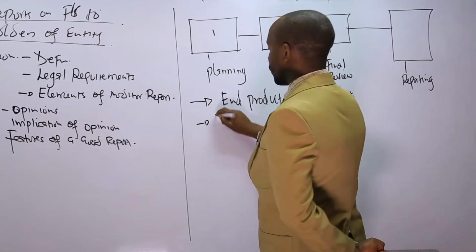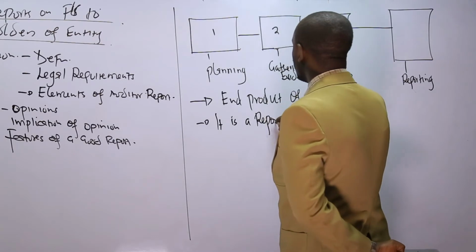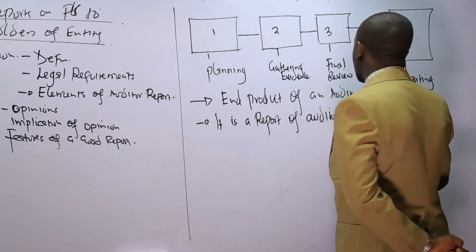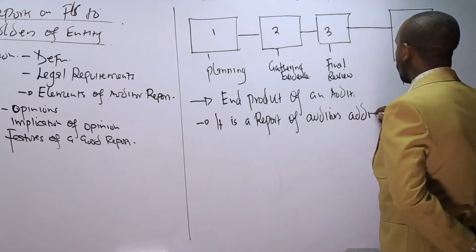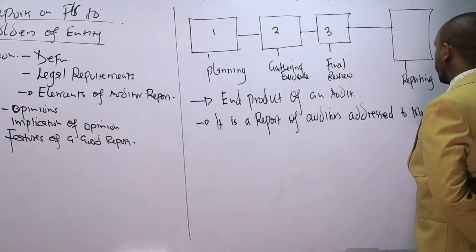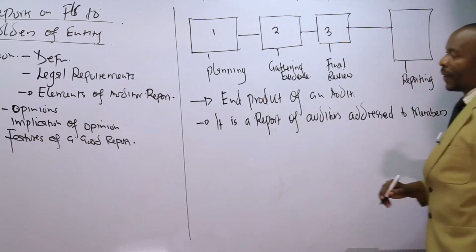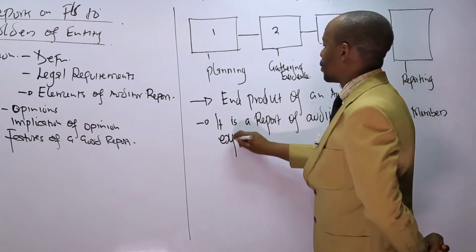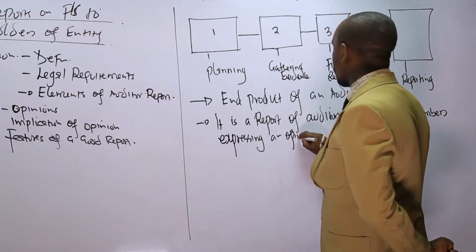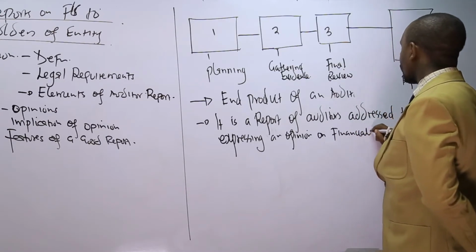So we can also say it is a report of auditors addressed to the members of the company, you can also refer to them as shareholders, expressing an opinion on financial statements.